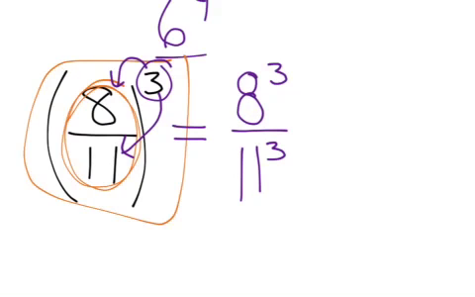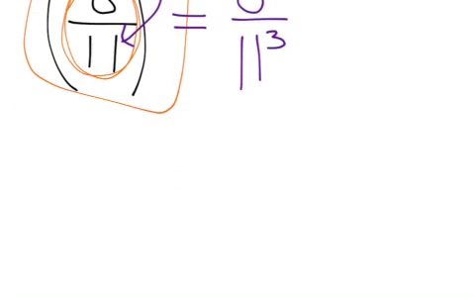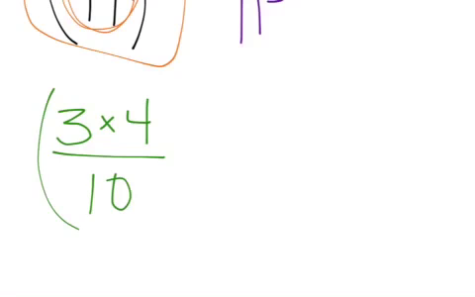To wrap up the video, let's take one more look at maybe a more complex question that combines both of those laws. Let's say 3 times 4 divided by 10, all to the power of 6. So the question is, what is the expanded form of this power?